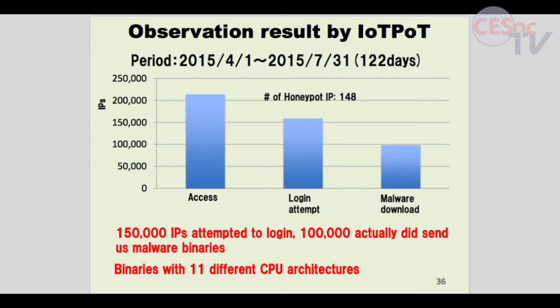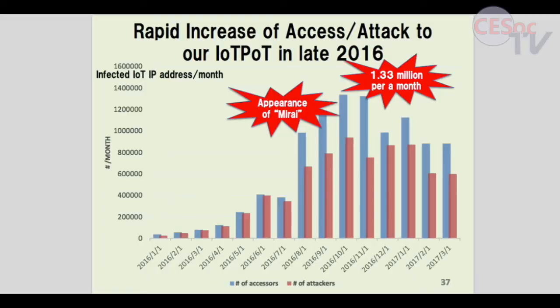This is the rapid increase of access to our IoTPOT honeypot in late 2016, in connection with the Mirai malware, which I will explain later. There are many new types of IoT malware coming in 2016.